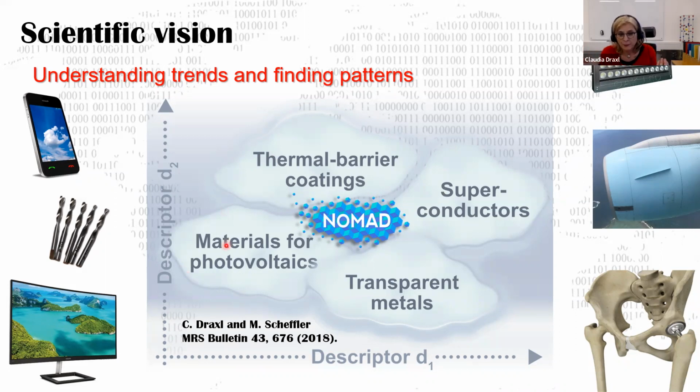Of course, such a map will never be two-dimensional. The material space is much too complex and complicated to be plotted like this. So it will be a very high-dimensional representation of the materials. In particular, we have to find out what the driving force behind a certain property or function is in order to be able to do so. But in the end, this is the vision where we would like to go.